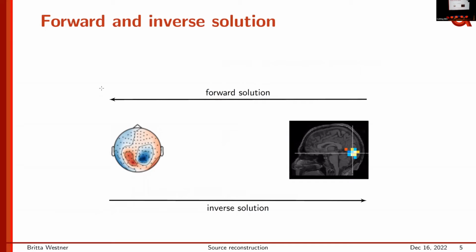Okay, there's two concepts that I will bring up over this talk over and over again, and that you will most likely also get across when looking into the literature or tutorials on source reconstruction. And that is forward and inverse models or forward and inverse solutions. Sounds weird, is not that complicated, actually. We speak of a forward solution when we go from source space to sensor space. Now, this is something that naturally happens when you measure your data, right?